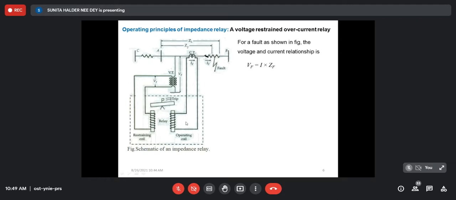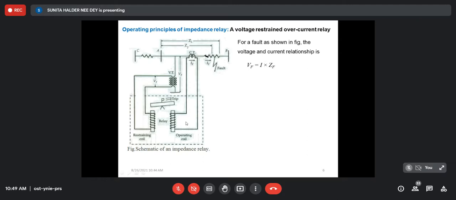Similarly, for overcurrent relay, the operating torque was provided using current, proportional to I square, and that operation was restrained by the spring. Then obviously the force of the spring is more in case of overcurrent relay than in the differential relay or in impedance relay.